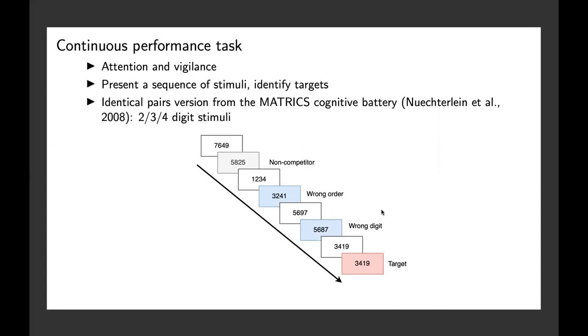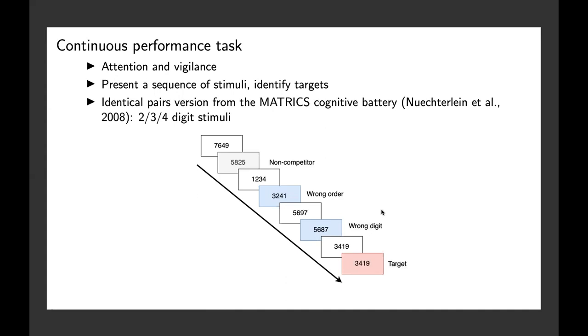Apart from the target, which the participants have to respond to, this version also contains 2 categories of competitors that are somewhat similar to the target but are non-targets. They're both colored in blue in this figure. The first one is run-order competitors.